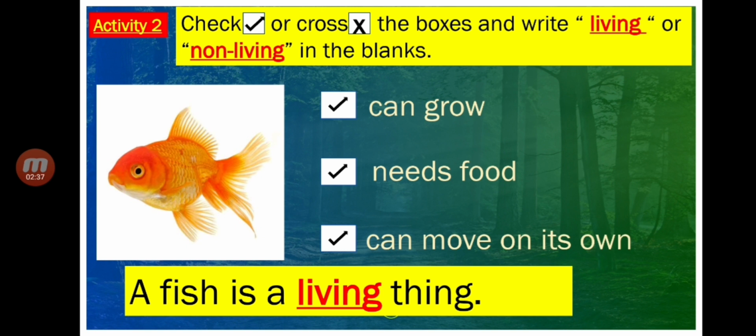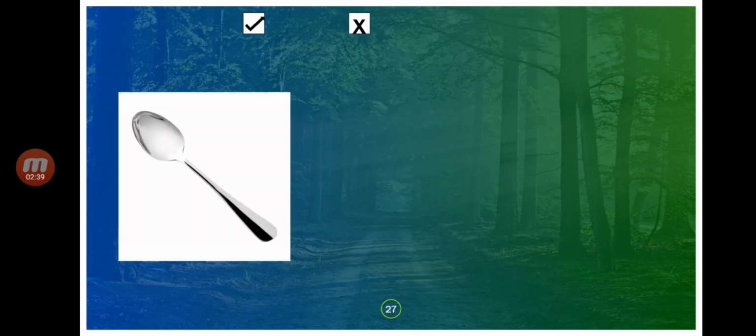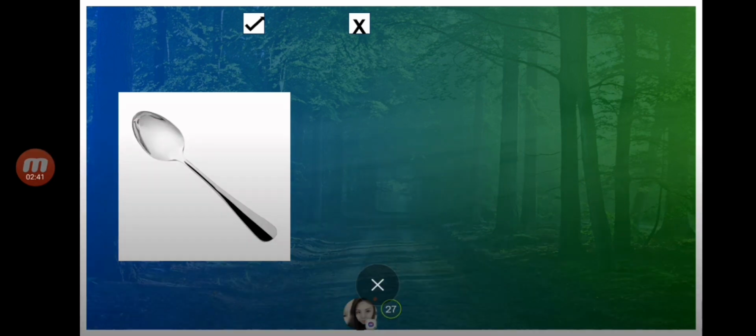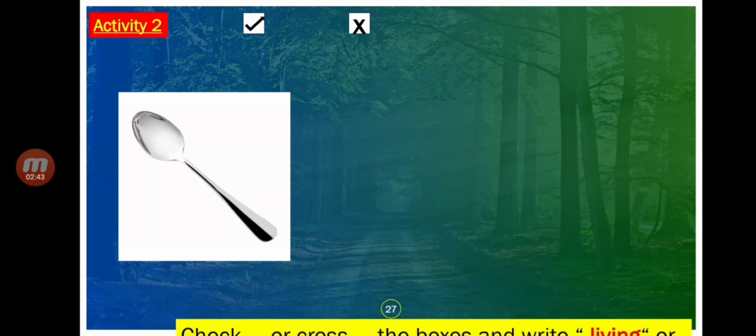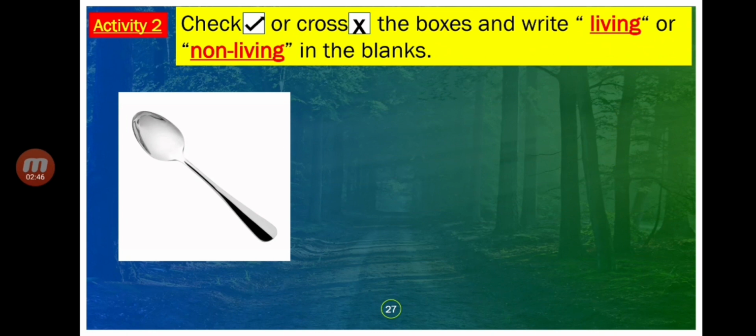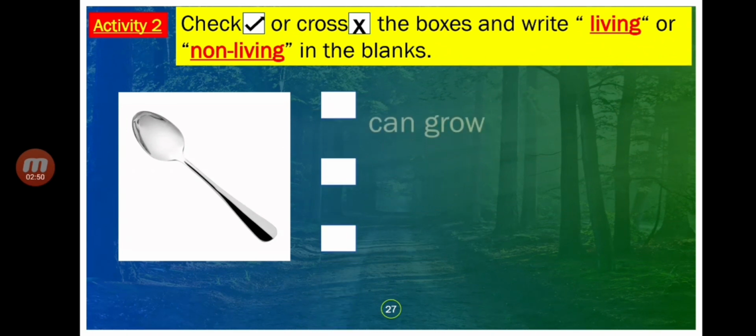Now let's proceed to the second picture. What is that? The second picture is a spoon. Spoon can grow. What do you think? Check or cross? Do it by yourself.